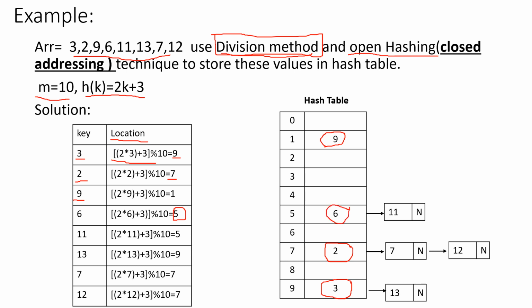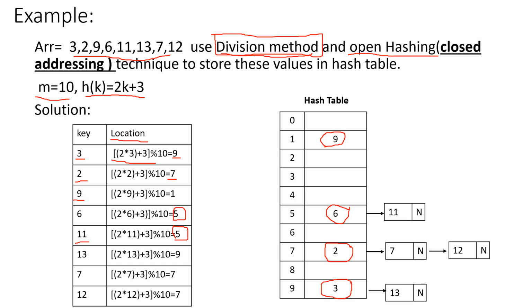Now another element came, 11. Another element 11 came, and then what will you do? If you calculate the index, you will get 5. And you have seen that recently the 6 element's index is also 5, and 6 is already stored. So where is this 11 going to be stored, because the 11 index is also coming as 5?